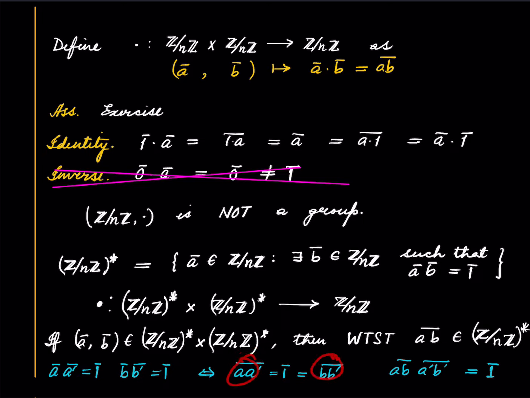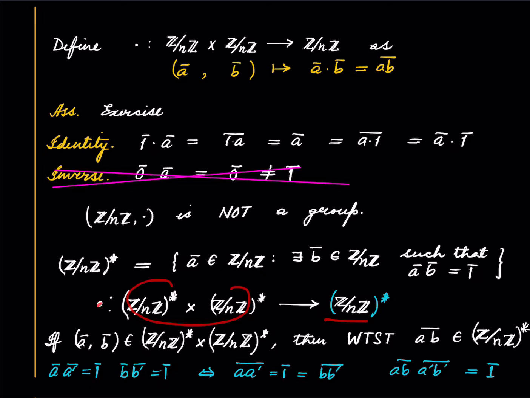But this multiplied with that is equal to this guy, because A prime bar times B prime bar equals A prime B prime bar, which is equal to 1 bar as we just discussed. So yes, indeed, if A bar and B bar are in Z mod NZ star, then AB bar is also in Z mod NZ star. So this actually is legitimate to write. So the image of this guy is contained here.